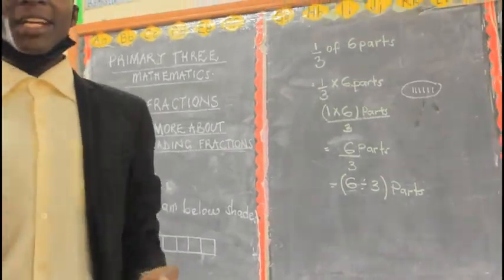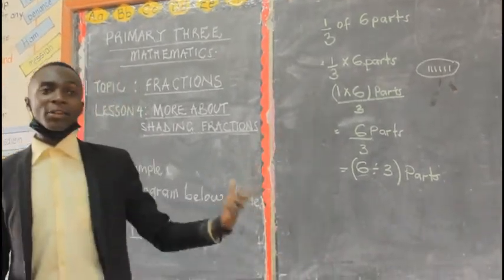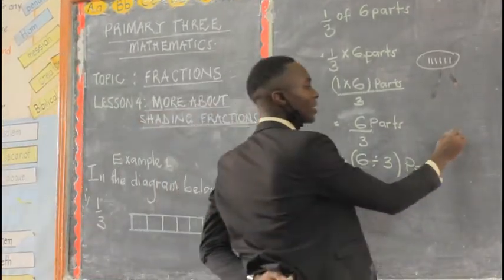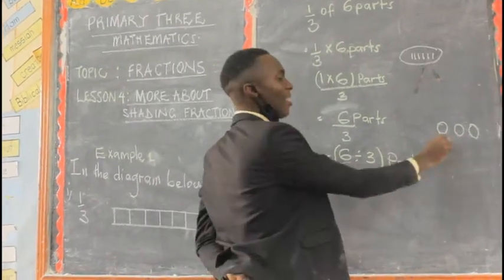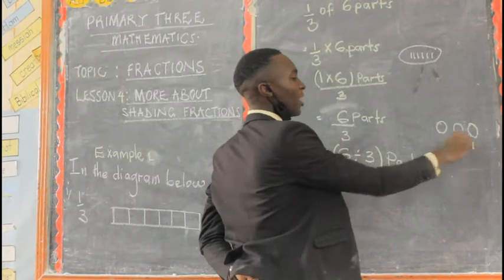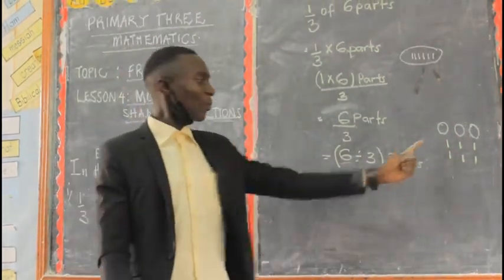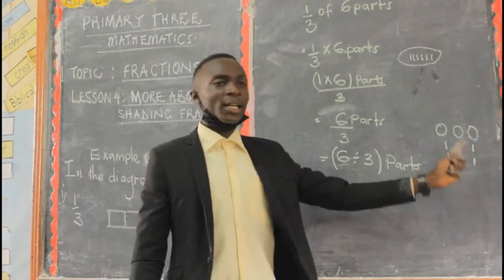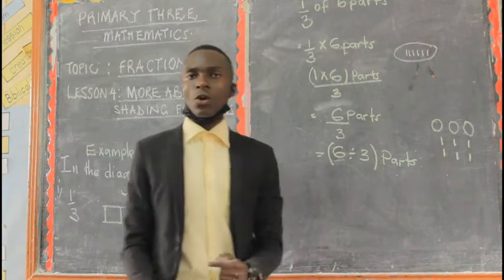Remember very well in P2 we looked at division of numbers by 3. We divide 6: 1, 2, 3, 4, 5, 6. Each person gets 1, 2. So we get 2.